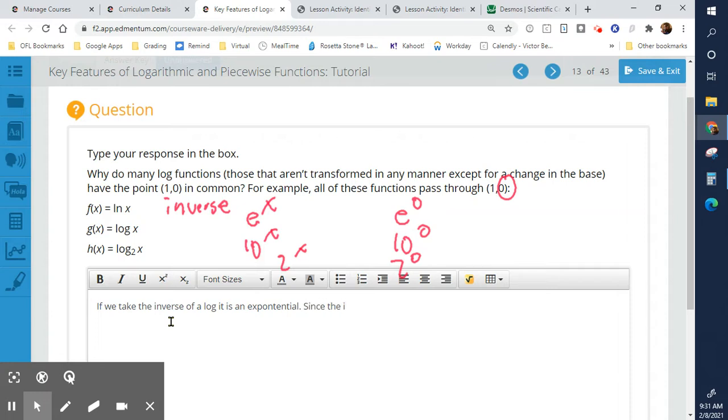Since the inverse is where the x's and y's switch, this is where our x's and y's are going to switch. We are talking about 0, 1 for these exponentials. So if we're switching the x and the y, we're talking about this point.